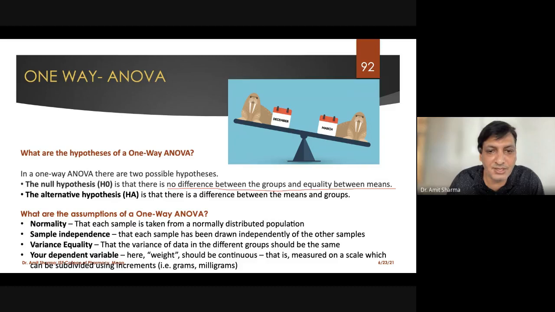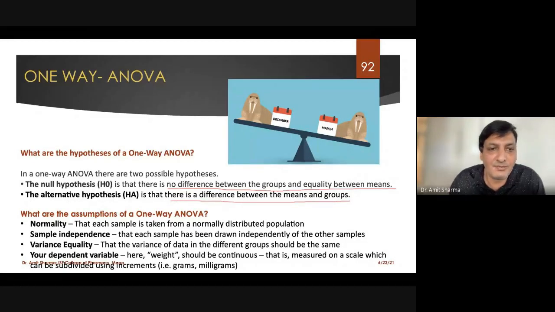Alternative hypothesis says that there is a difference between the means of the groups. Might be two groups are similar, but the third group is different. At least one difference is there. All groups are not similar. At least one difference is there between the groups.